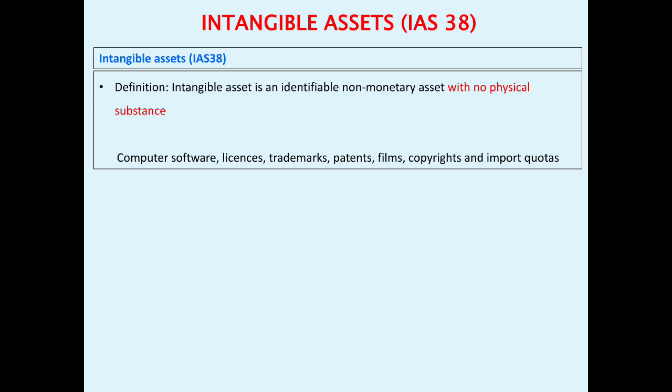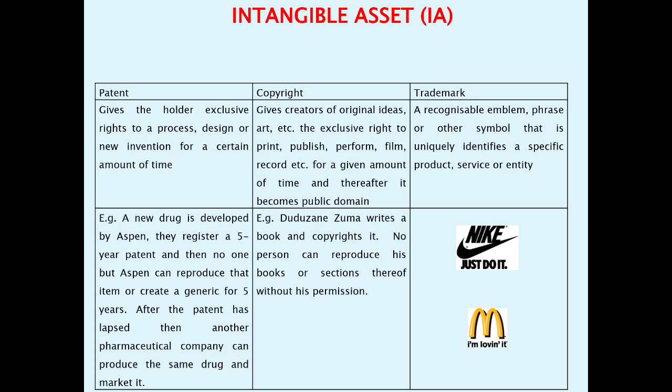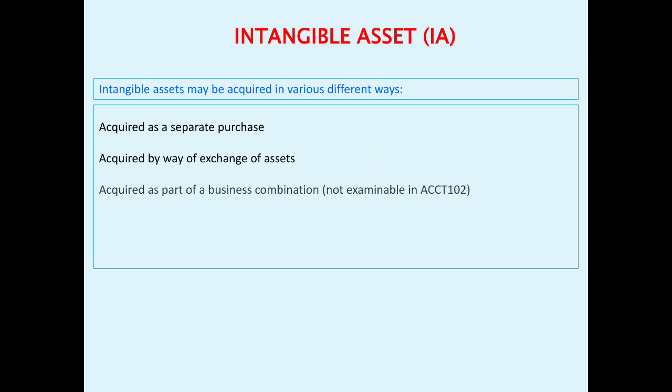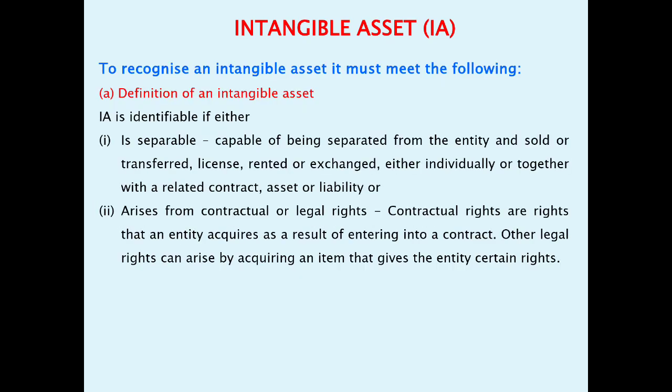What is non-monetary? I'll explain. When they say an intangible asset is an identifiable thing, identifiable means two things. And in the next slide, it actually says what it is.